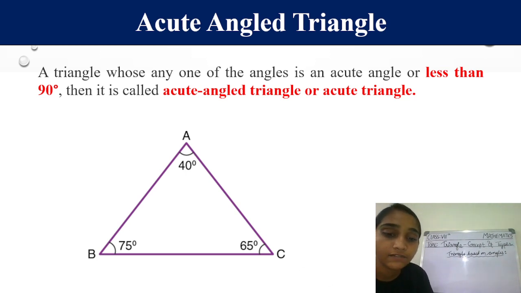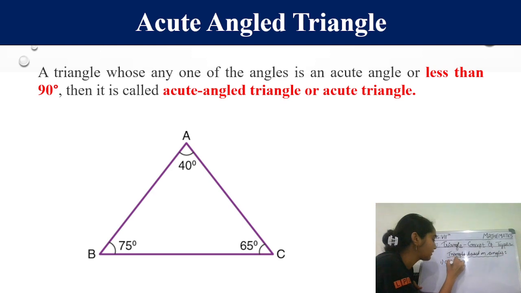So we classify this triangle as the acute angle triangle. First we discussed the obtuse angle triangle, where one angle is greater than 90 degrees, and the acute angle triangle, whose angles are less than 90 degrees.